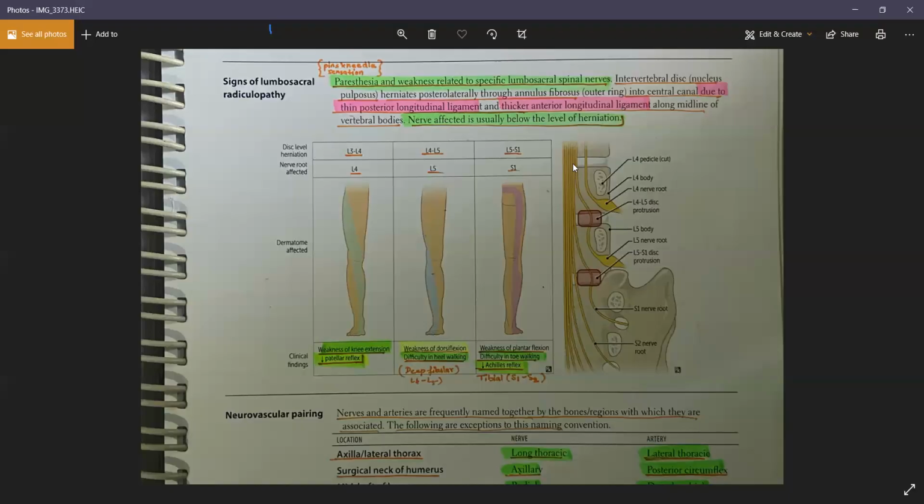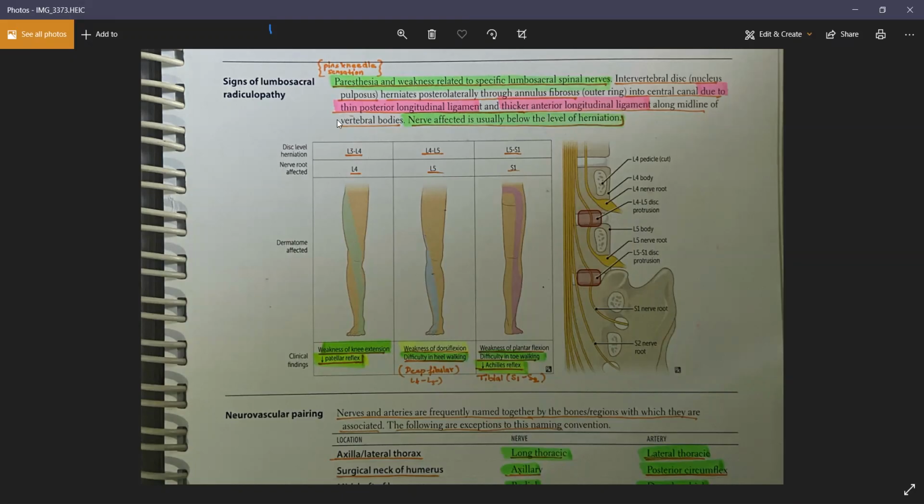On the anterior side of your vertebra, you have the thick anterior longitudinal ligament. On the posterior side, you have the posterior longitudinal ligament. Because of a thick anterior longitudinal ligament and a thinner posterior longitudinal ligament, you can have herniation of the disc posteriorly, right? And that can compress the nerves, that can cause the damage.